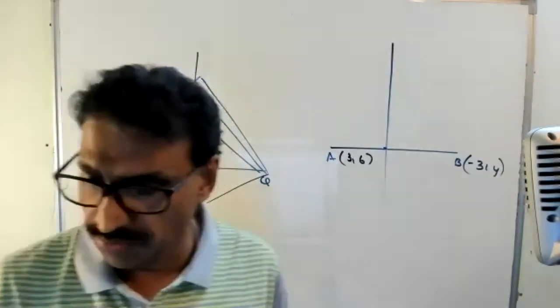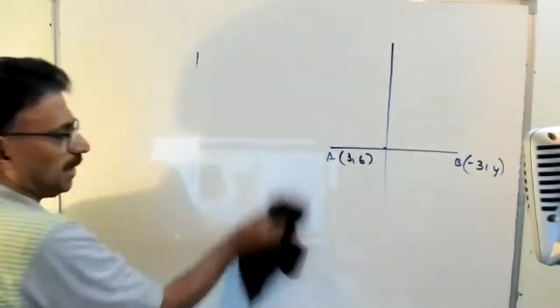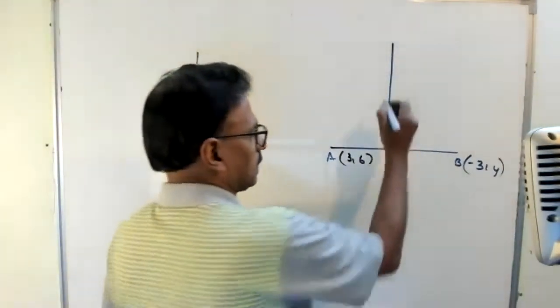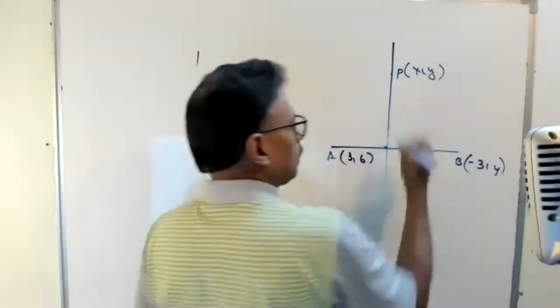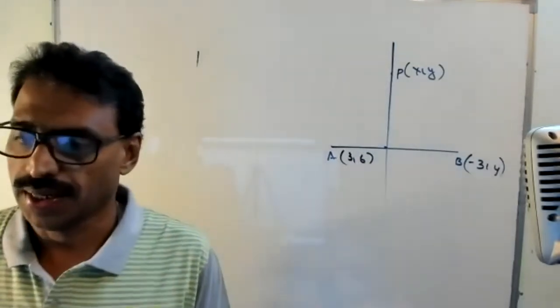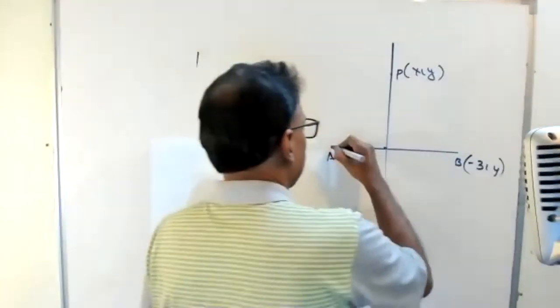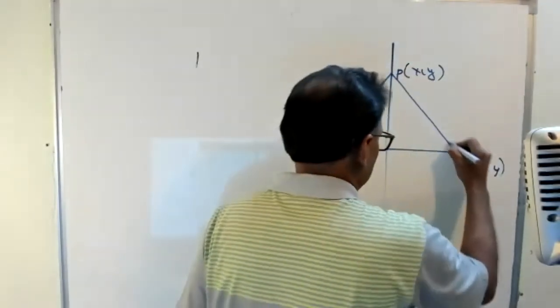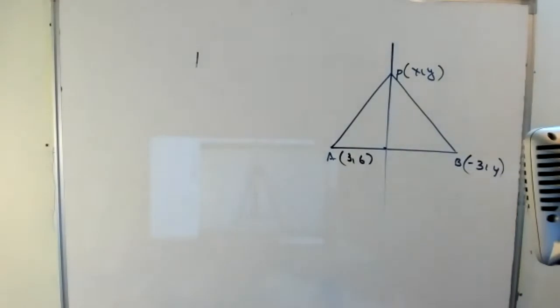Okay, now we are using this one here. Look, take a point P on the perpendicular bisector. Suppose P is (x, y). Then we know that PA equal to PB. Understood?